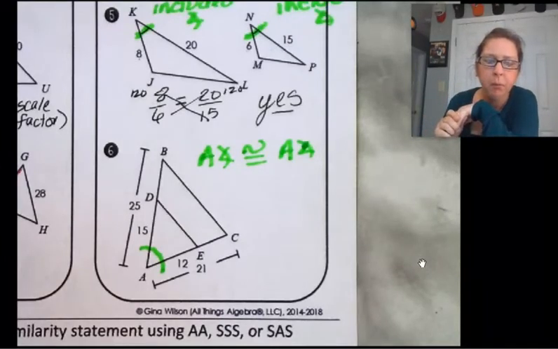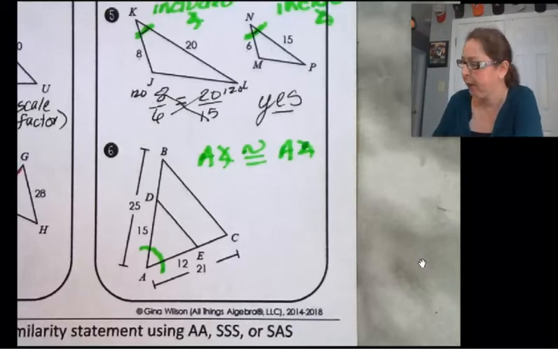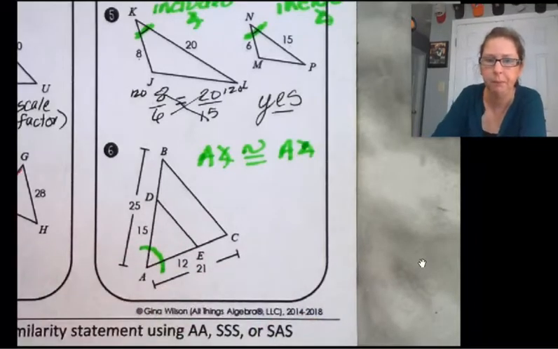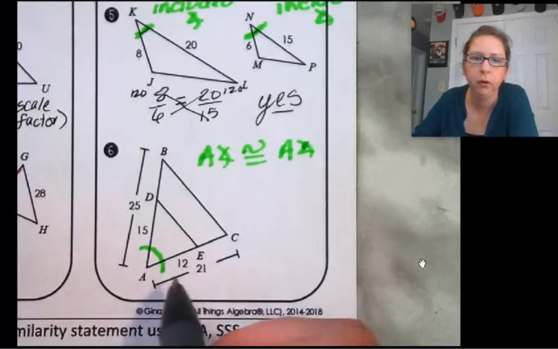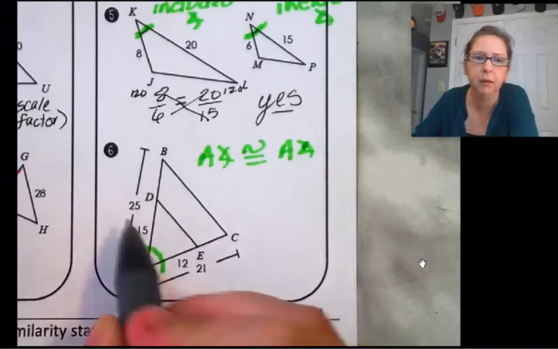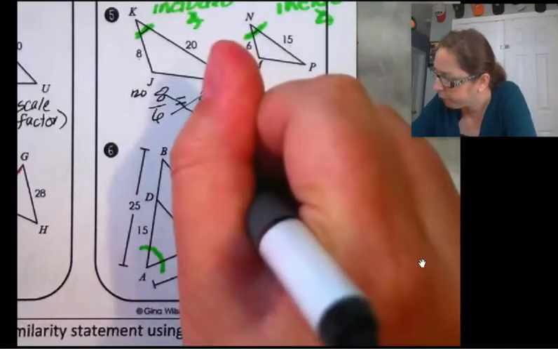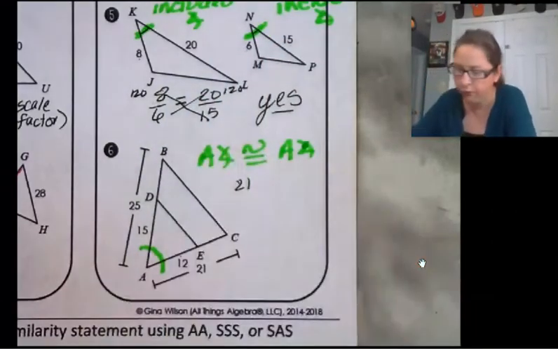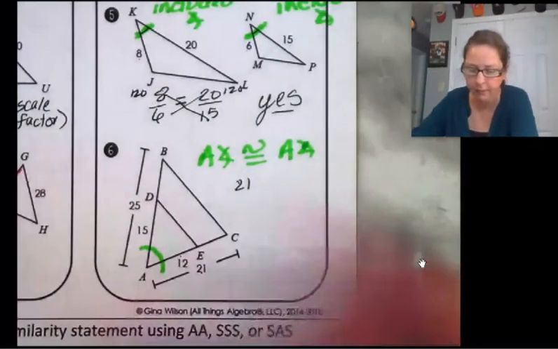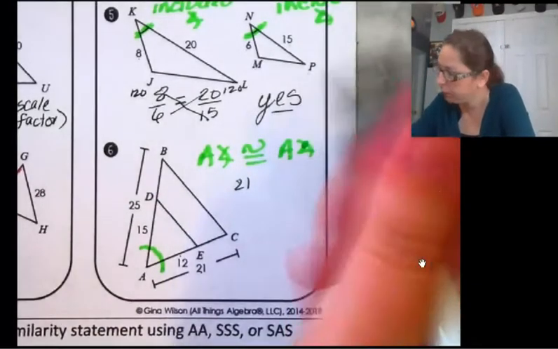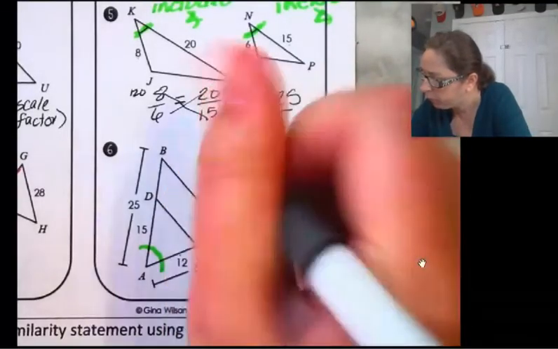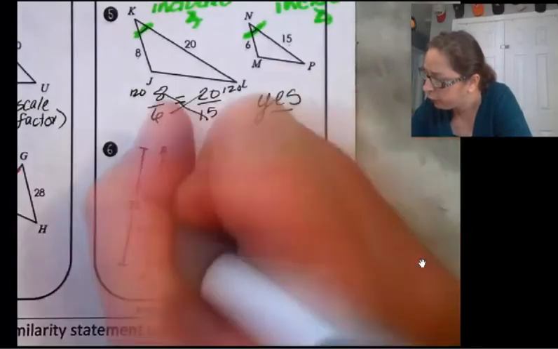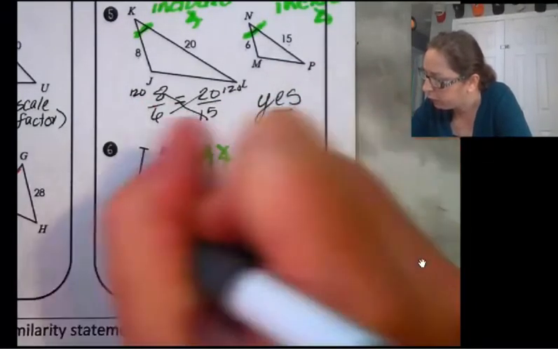Now let's set up our proportions. So it doesn't matter how you do it, big to little or little to big, it should work out to be the same. So let's just do, I guess, 21 to 12. Oh, no. 21 over 12, 25 over 15.